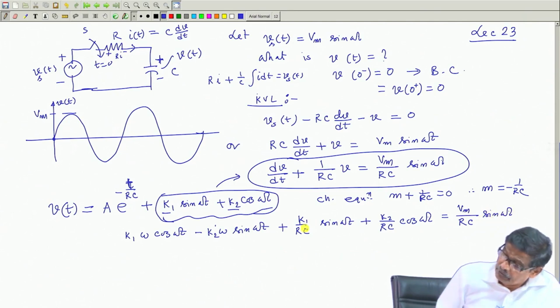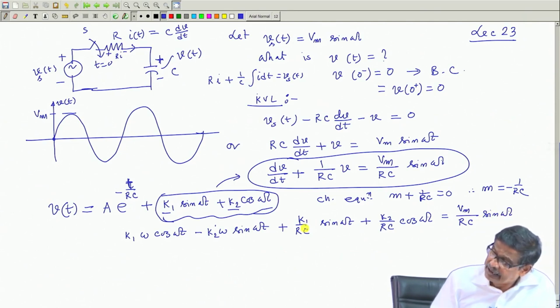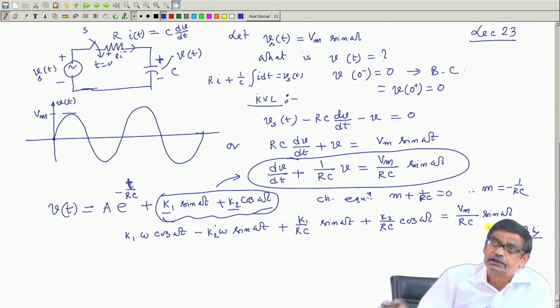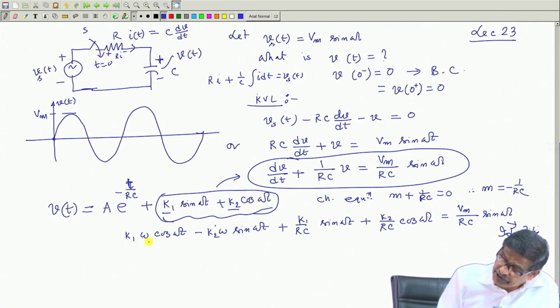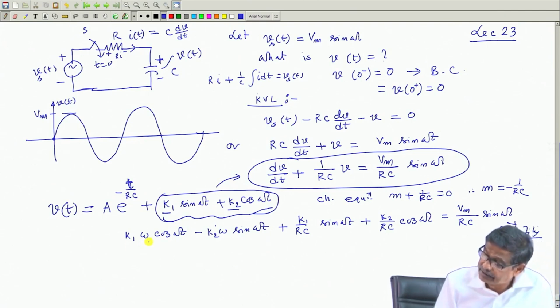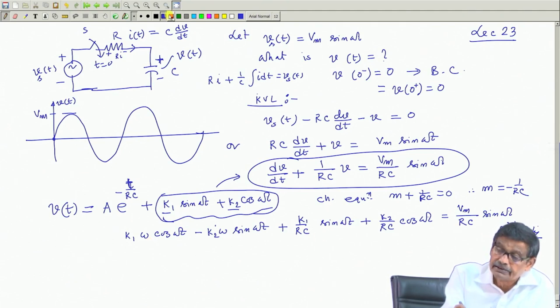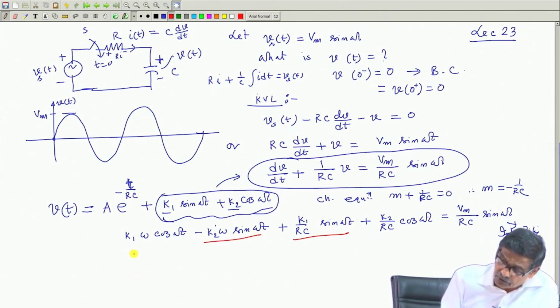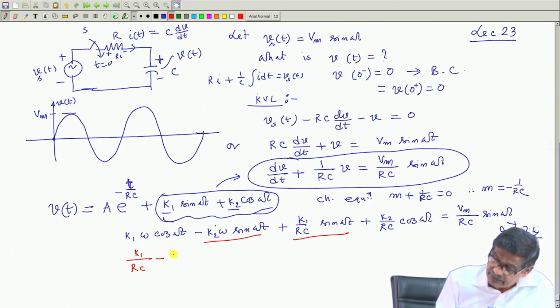Got the point? So, this is how I will get. Then the next step is, it is an identity. It has to be satisfied for all time t. Therefore, the coefficient of sin omega t and cosine omega t you equate. This is sin term, this is sin term. So, you will get k1 by RC minus omega k2, this is the coefficient of sin omega t from this side, it must be equal to Vm by RC.